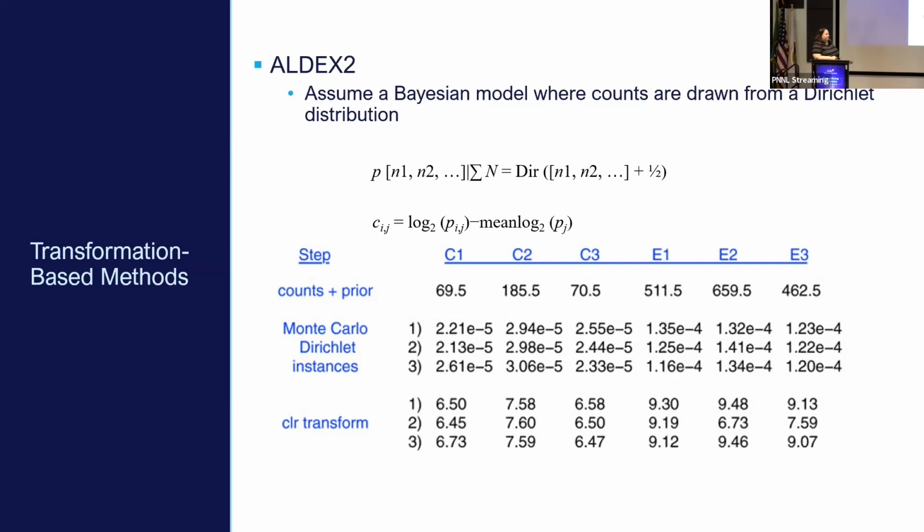So if they did this 3 times, you can see this would be your first random draw from the distribution, second and third. And then they do that centered log ratio transform to get something that at least starts to look like the log of these values. Usually they do this more than 3 times. They do it like 200 times.